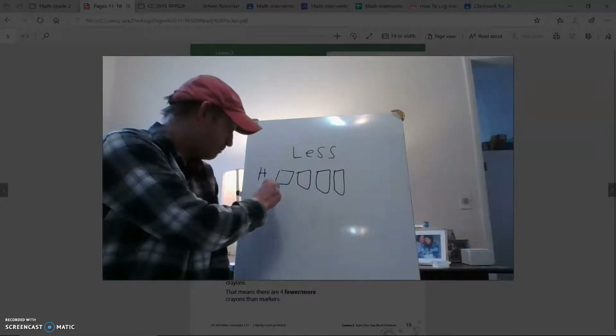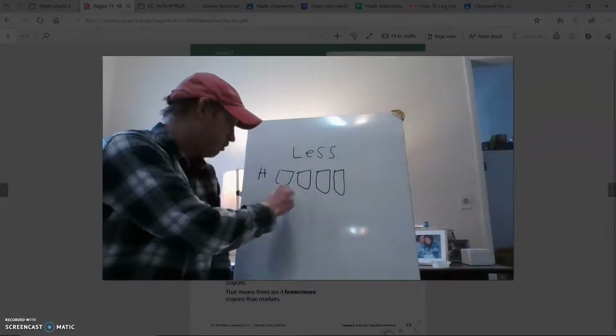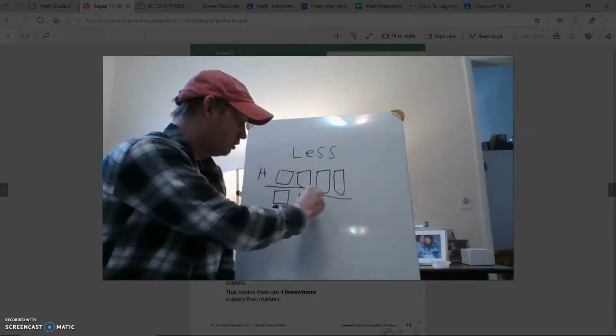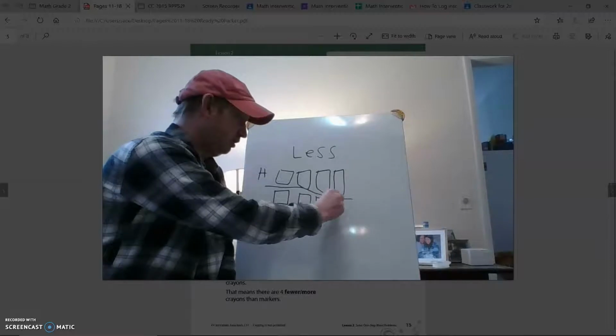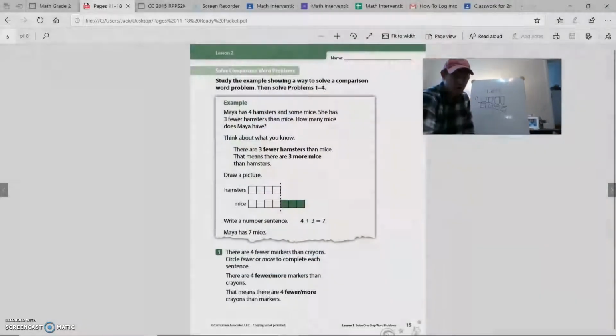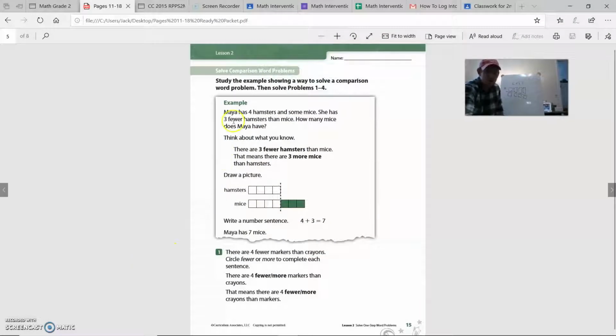So we can put the same number down. 1, 2, 3, 4. But we know that we have 3 fewer hamsters. Well, if we have 3 fewer hamsters, 3 less hamsters, that means that we have 3 more mice.